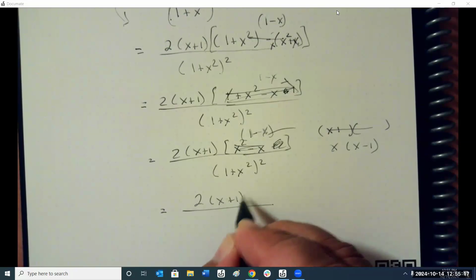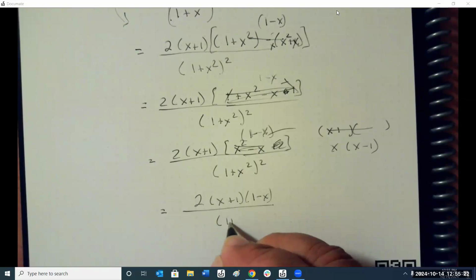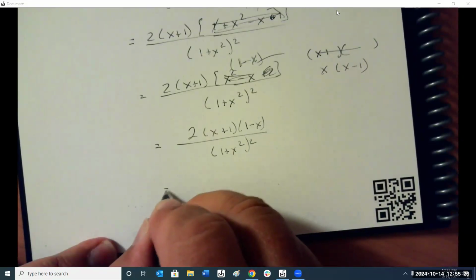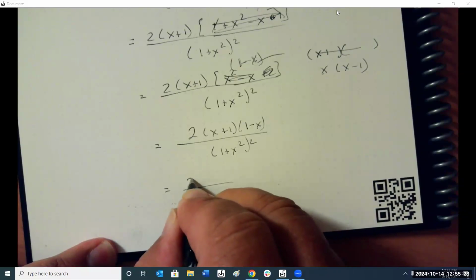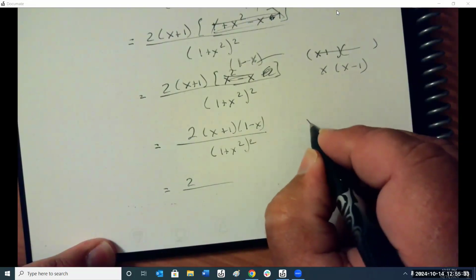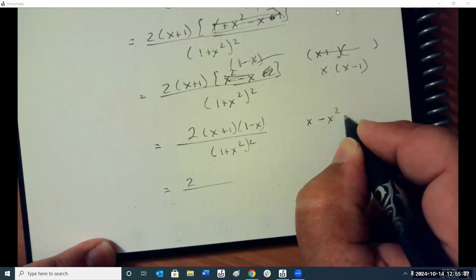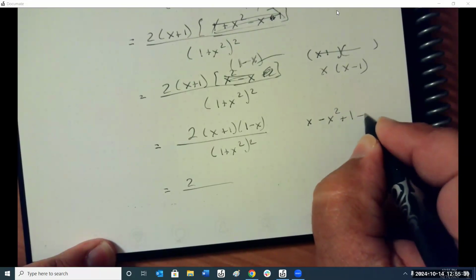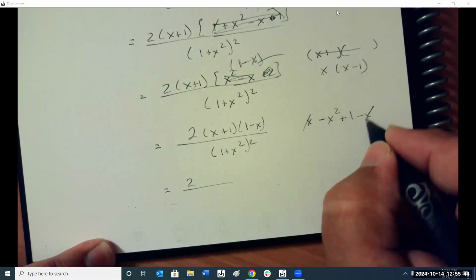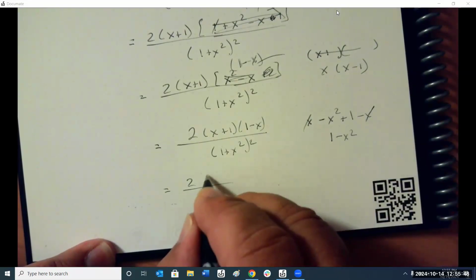x plus 1, 1 minus x over 1 plus x squared squared. It's x minus x squared plus 1 minus x with 1 minus x squared.